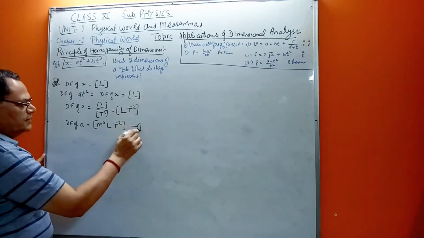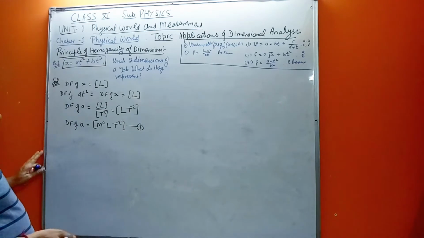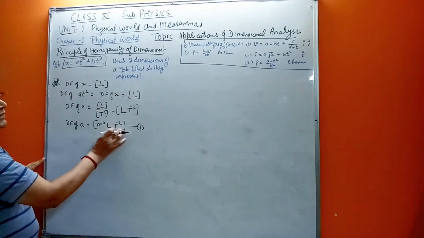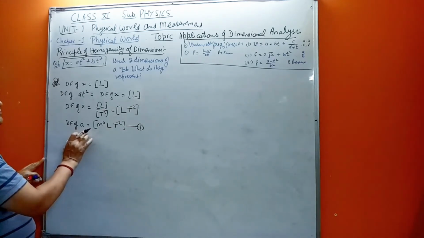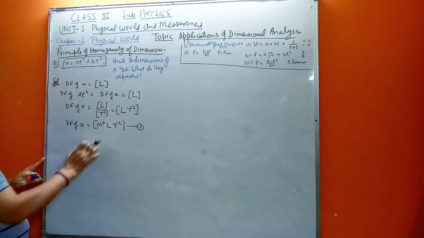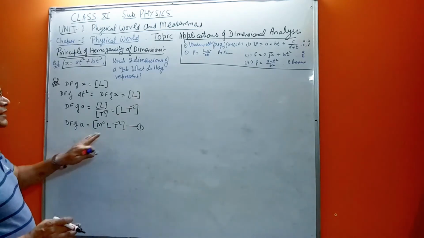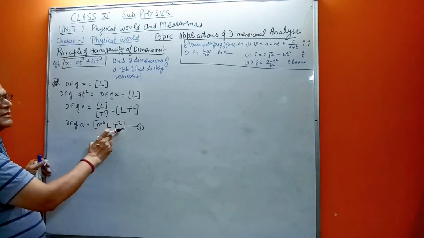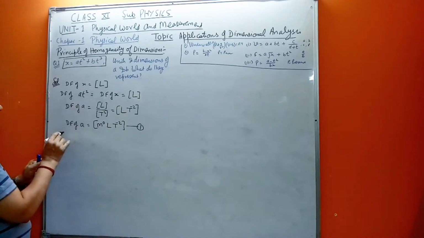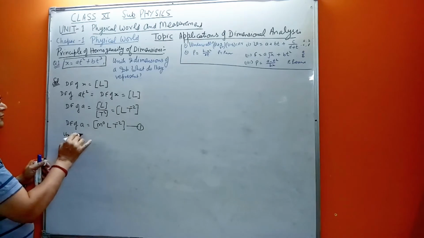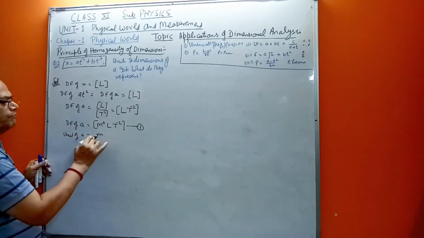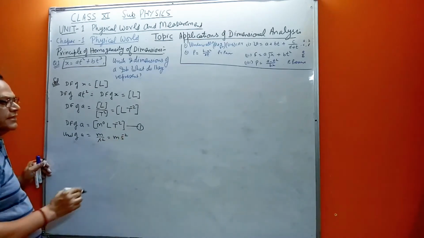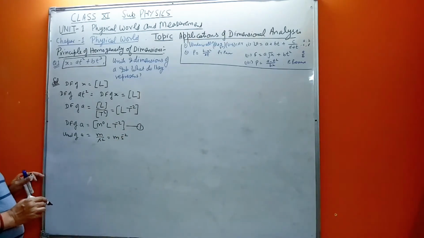So this is the first answer. LT minus 2 is the dimension, right? And what does the unit represent? Do you remember? The unit will be, this is length, that is meter, and this is time. Therefore the unit of a will be meter per second square, that is ms minus 2.